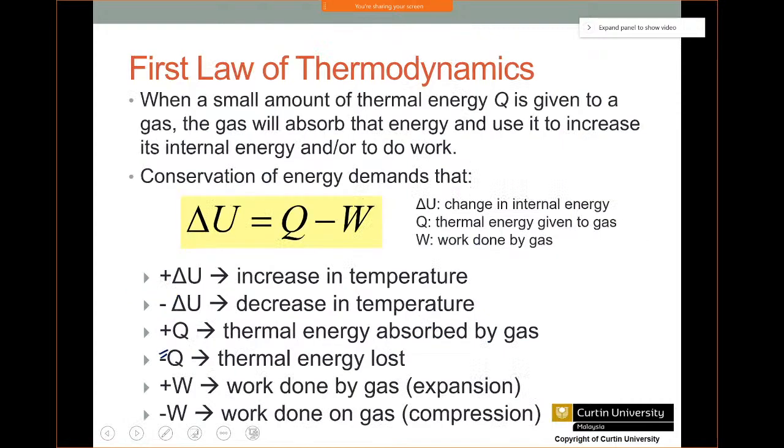So now let's look at the definition of the first law of thermodynamics. When a small amount of thermal energy, Q, or what we call the heat energy, is given to a gas, the gas will absorb that energy and use it to increase its internal energy and to do work.